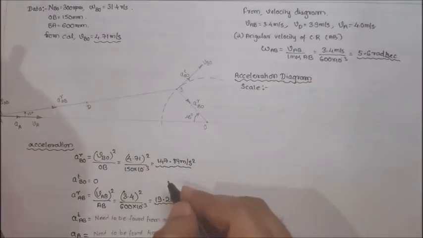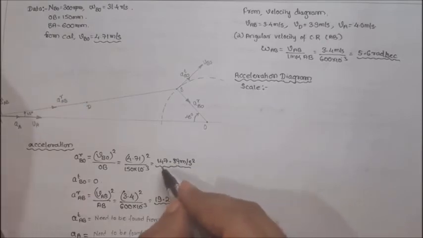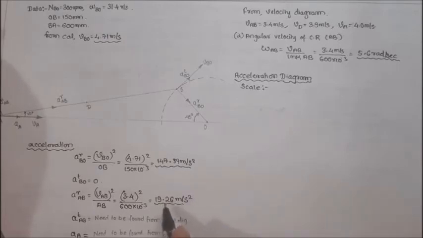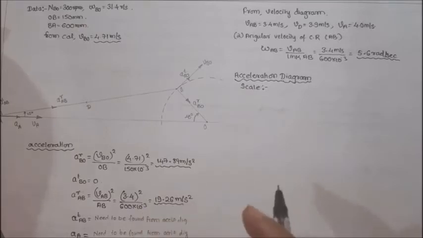We have a maximum acceleration of 147.89, near to 148, and a very minimum of 19.26. So we'll take one convenient scale. This 19 can be brought to 20 nearly, so for 20, a measurement of near 10 mm is sufficient.